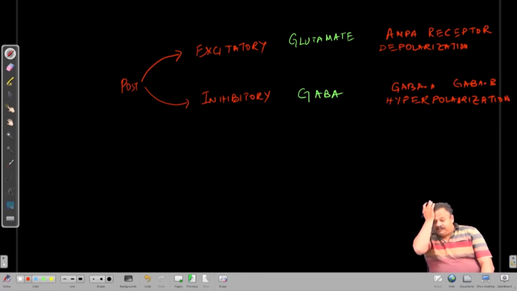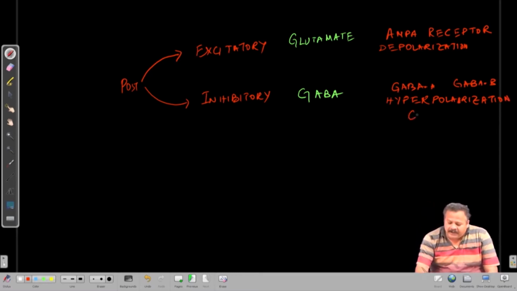And that is because of a chloride current that goes into the neuron. In the excitatory case, it is cations, mainly sodium, and some amount of calcium flowing into the neuron.